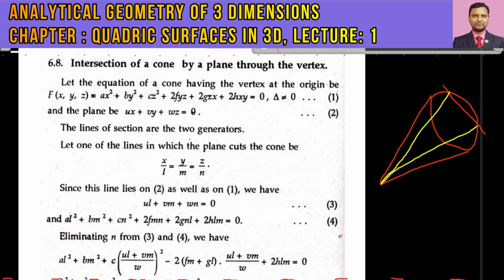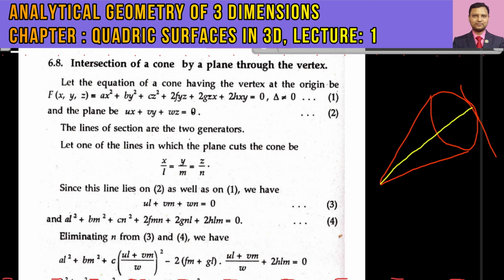It may also touch the cone. If the plane touches the cone, this might be the point at which the plane touches the cone. In that case, we will have only a single straight line lying on the cone.